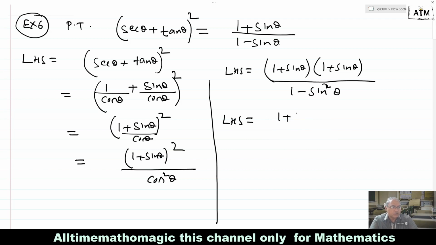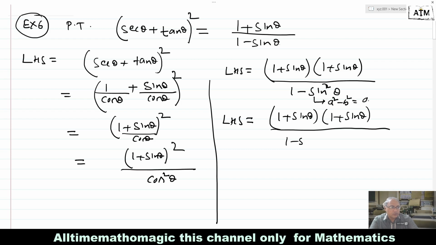LHS equals (1 plus sin theta) (1 plus sin theta) upon 1 minus sin square theta. Here I am applying the formula a square minus b square equals (a plus b) into (a minus b). Therefore it becomes (1 minus sin theta) into (1 plus sin theta).